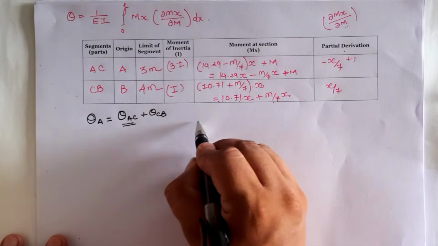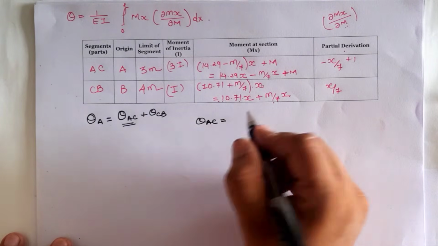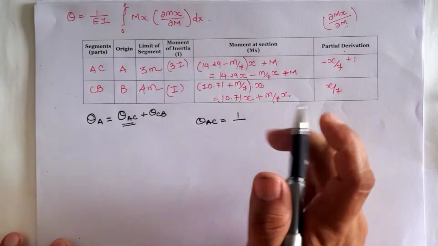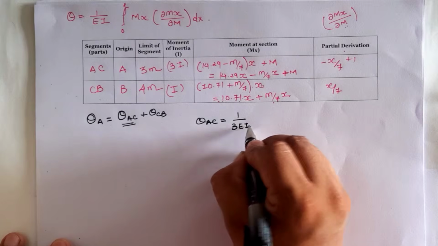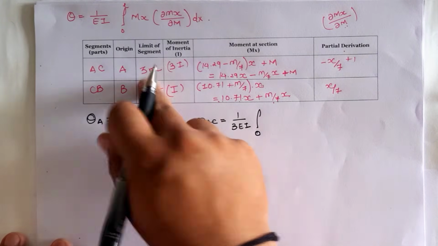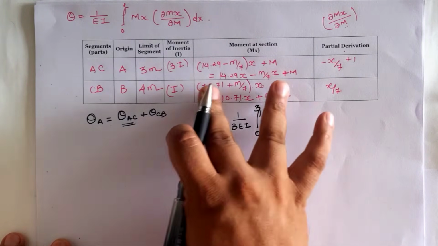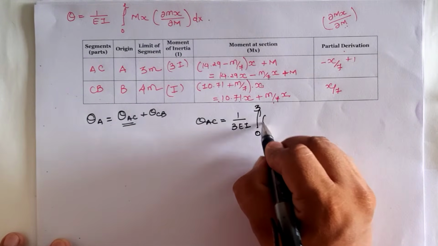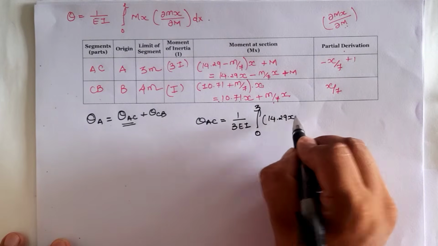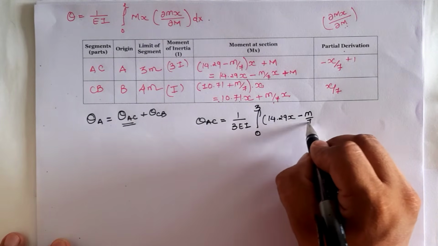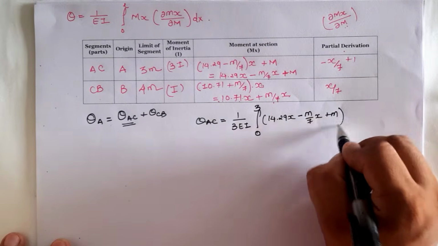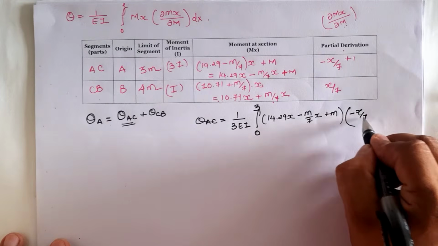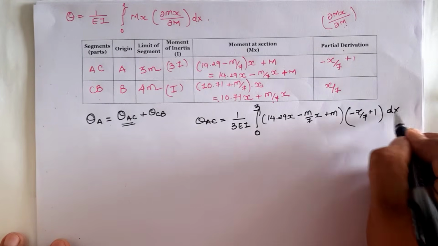Focusing on theta AC first, it is the integration of 1 by EI, and EI is 3 times, so it is 1 by 3EI, limit 0 to 3 meters, Mx as 14.29x minus M by 7 x plus M, into minus x by 7 plus 1, into dx.